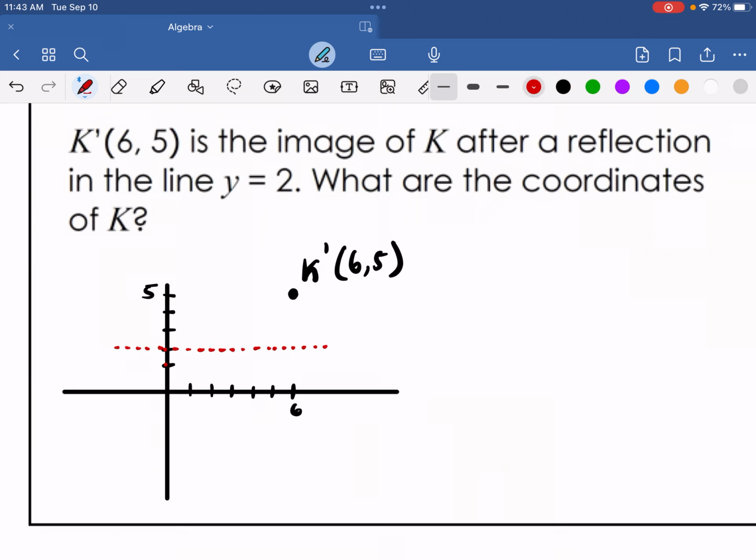So now if it reflects over that line, it means that it went from here to the bottom. Or technically it started on the bottom, K, and then when it reflected, it moved to the top. Same thing. So now you just kind of got to think about it, like, where is it going to go? It's going to go right underneath it.